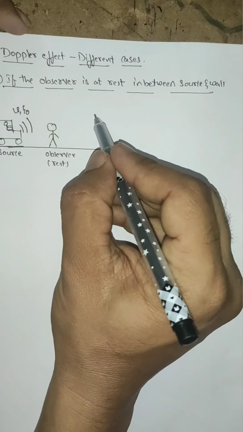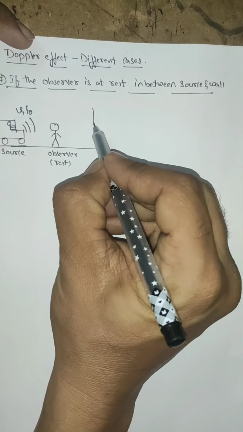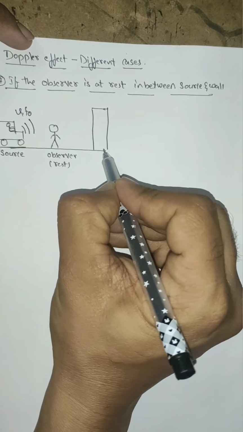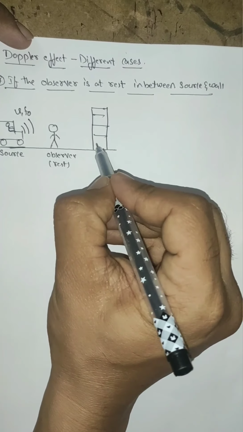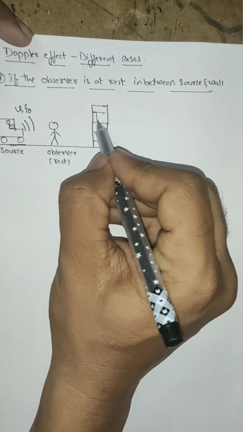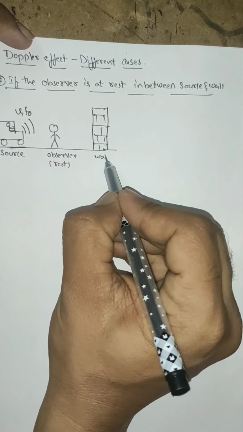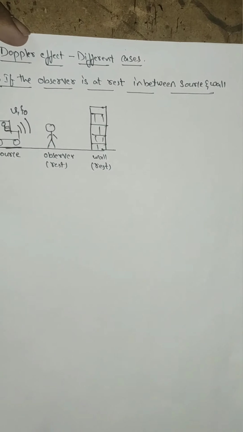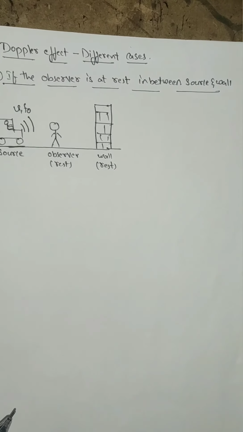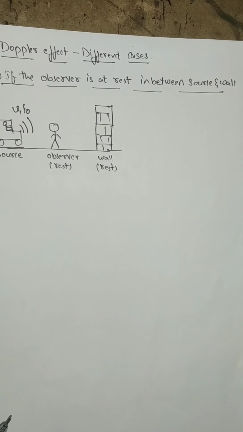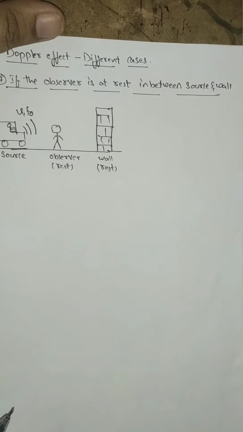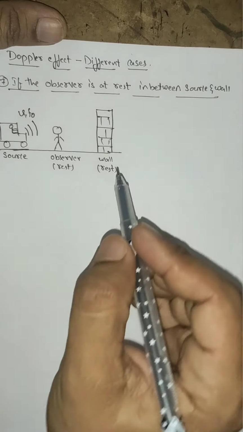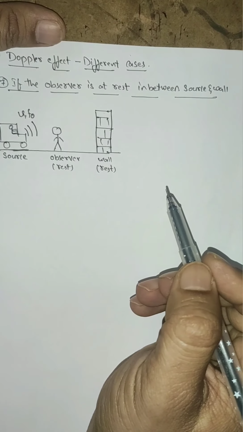And here let us consider a wall is there. And obviously it will also be at rest, right? So the car is moving towards the wall. The observer is in between the car and the wall.